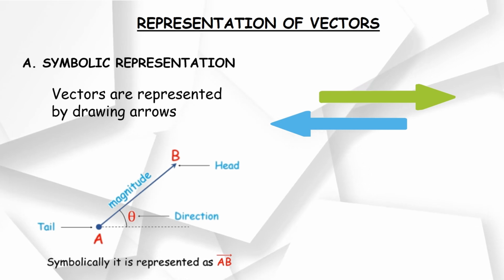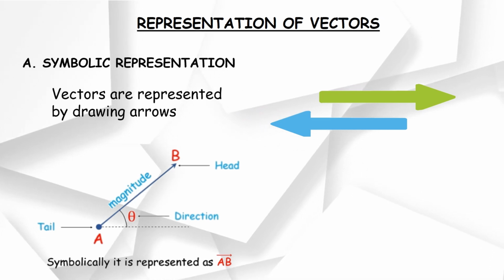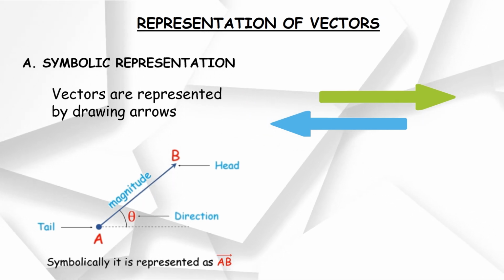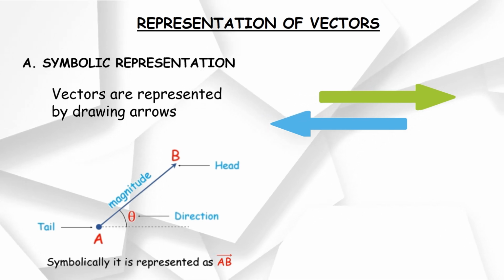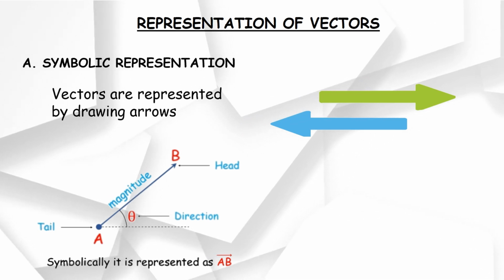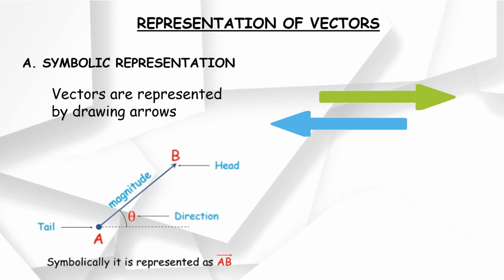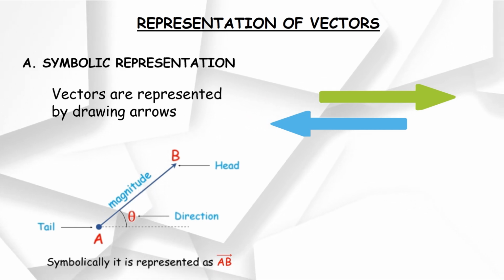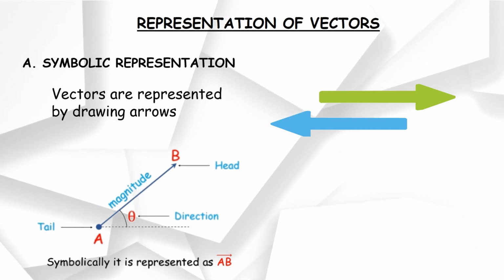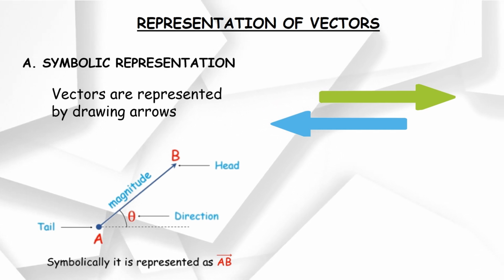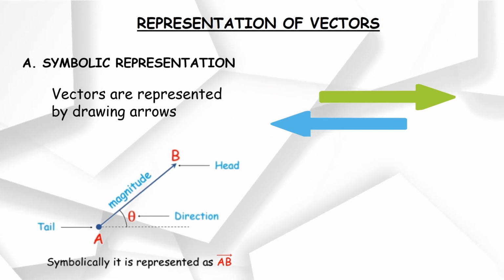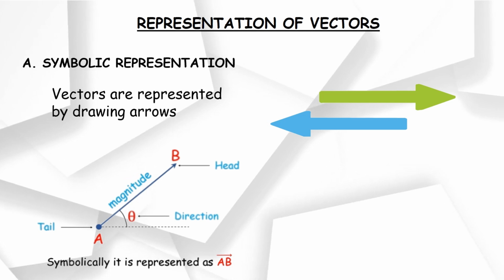The length of that particular line is known as magnitude, which we can know with the help of a ruler. The starting point is the tail and the ending point having the arrowhead is the head, and the angle with the x-axis shows its direction. So symbolically it is represented by AB along with an arrowhead.